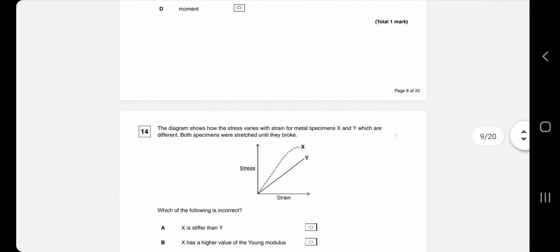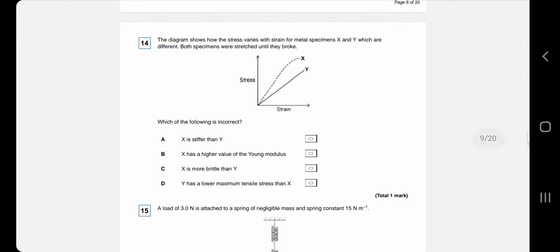So next is question 14. The diagram shows how the stress varies with strain for metal specimens X and Y, which are different. Both specimens were stretched until they broke. Which of the following is incorrect? The first one says X is stiffer than Y. It's above Y, so that is actually correct.